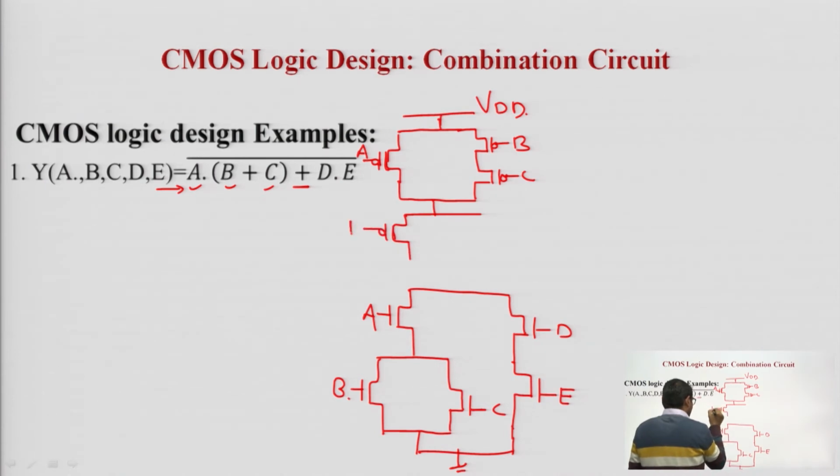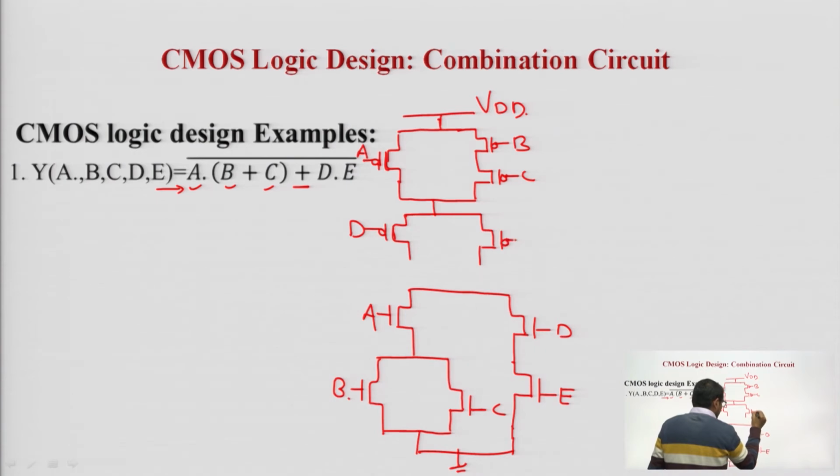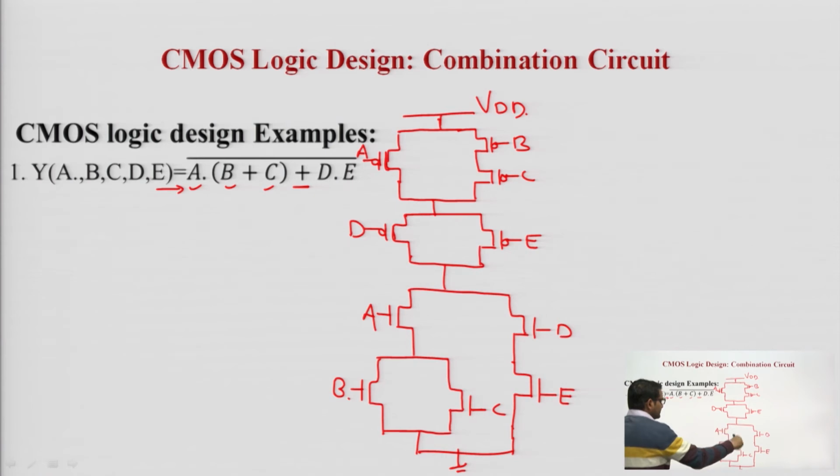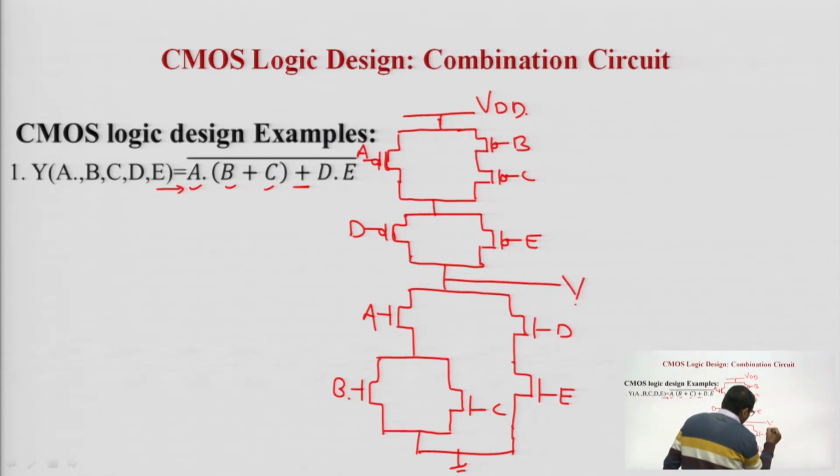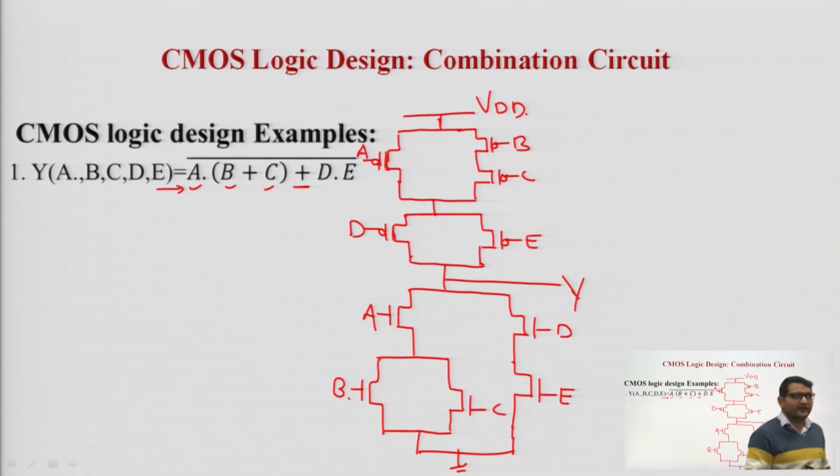This will be D, and D and E are connected in series in NMOS, so in PMOS these are connected in parallel. This is D. So these are the pull up network. This is the pull down network, and output is taken from these two. Finally, Y. How do we check whether our design is correct or not?